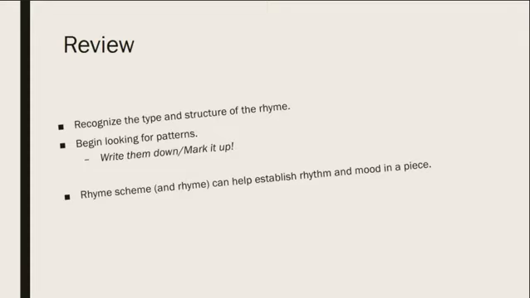But something that has a slower rhythm, like Edgar Allan Poe's The Raven, well, that kind of gives us a feeling of something sad and dark. And that's kind of what rhyme scheme intends to do. So being able to recognize this is going to make you a better reader of poetry, but it's also going to make you a better reader of all texts because you're able to recognize mood through the words that are being used.